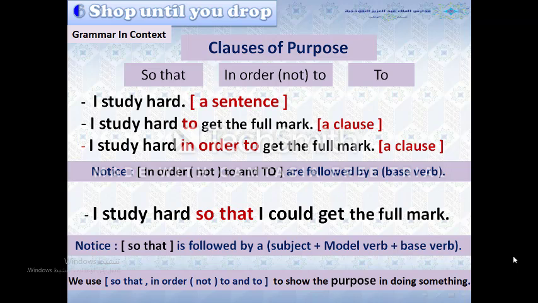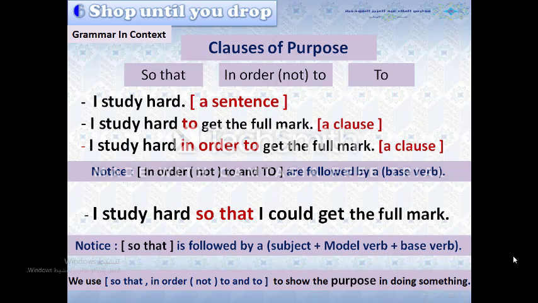Clauses of purpose are so that, in order to, in order not to, and to. I study hard. This is a complete sentence. It can stand by itself. I study hard to get the full mark. Or, I study hard in order to get the full mark. These are clauses.